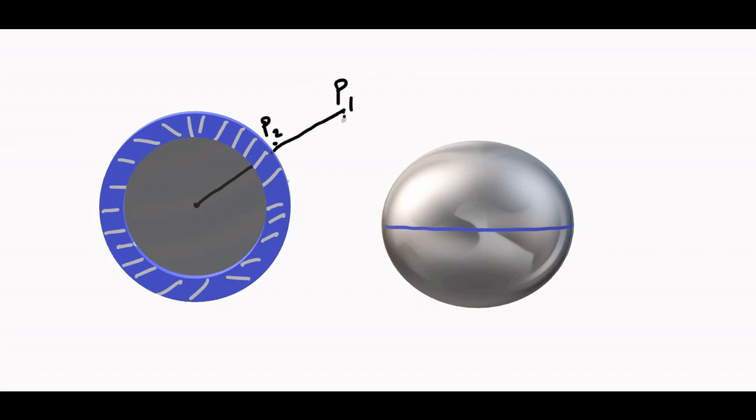This is the radius capital R, and as this thickness is very small, we are neglecting it. Then at a point, let's say P3, which is inside the shell.